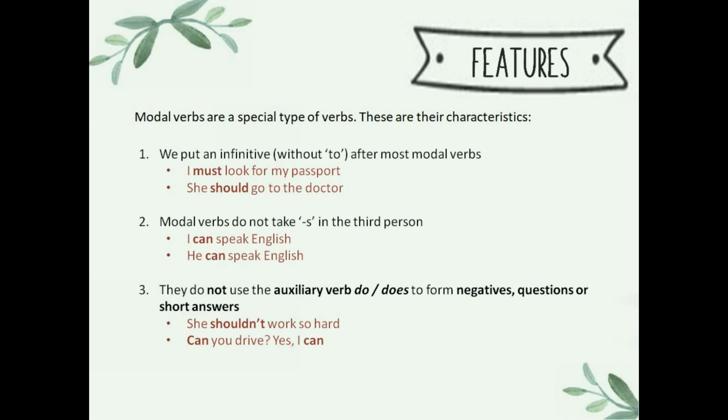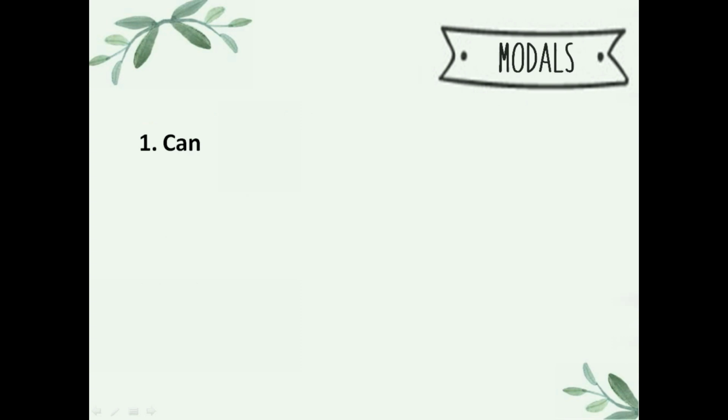Yes, I can. So, having said this, what do we use modal verbs for? Well, they have different meanings depending on their context, so they add meaning to the main verb in the sentence.